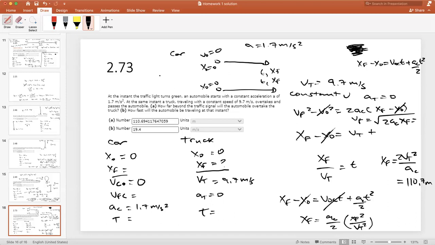Because there's no acceleration, that's exactly the same as projectile motion in the X. The car is accelerating. If the car had some initial velocity, it doesn't matter. We still substitute time in from the truck. We may have to do a quadratic, but that's the price we pay.